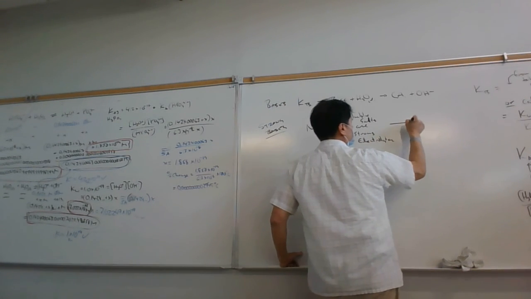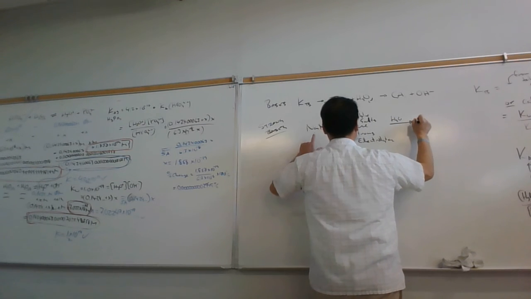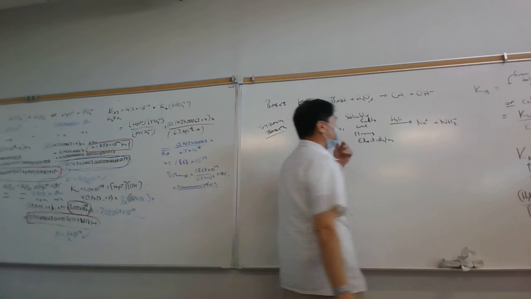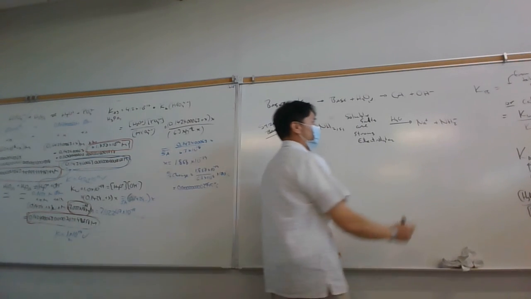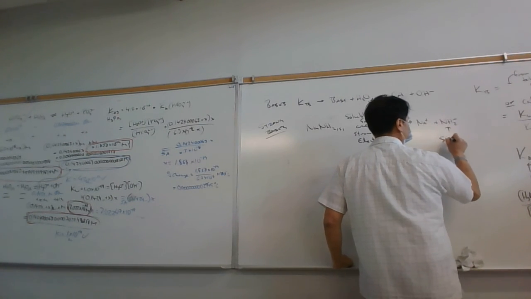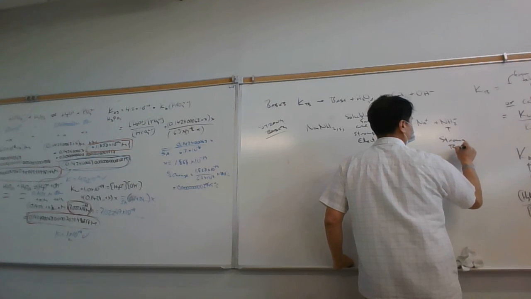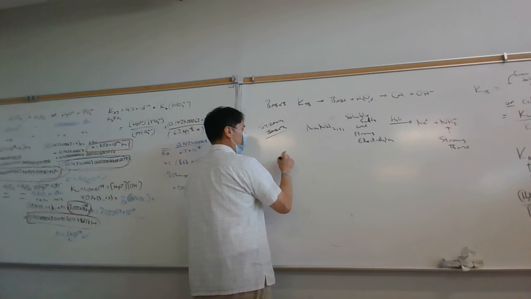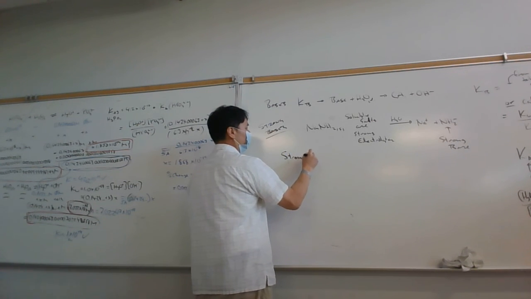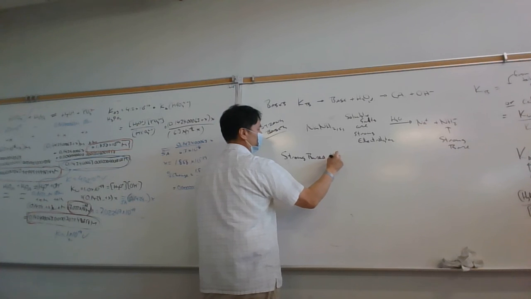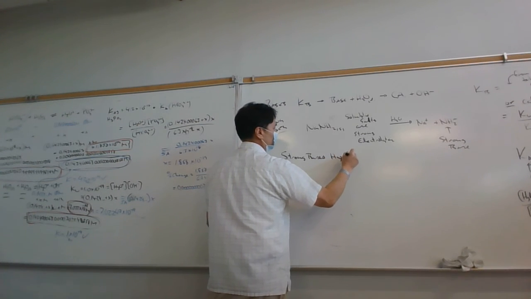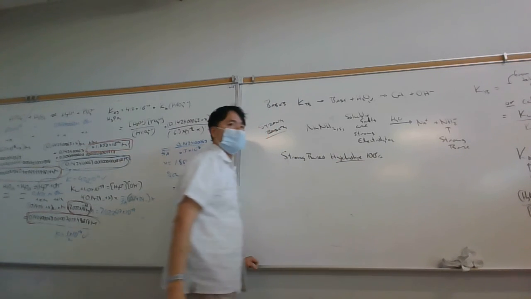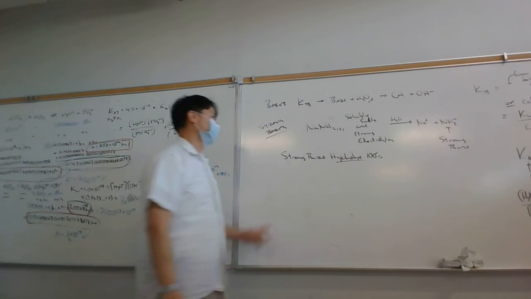So if there's water around, then we expect it to split up into ions, sodium ions and amide ions, NH2 minus. Now amide is a strong base. And what strong bases do is strong bases hydrolyze 100%. Strong bases hydrolyze 100%. Because strong bases are strong electrolytes.